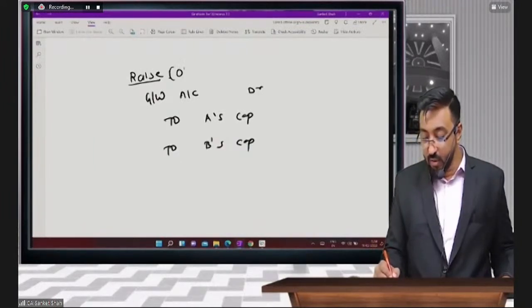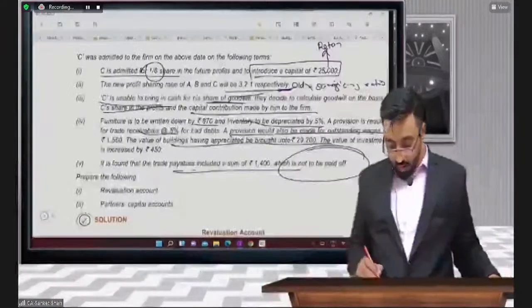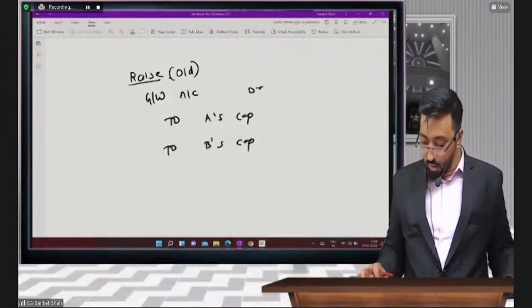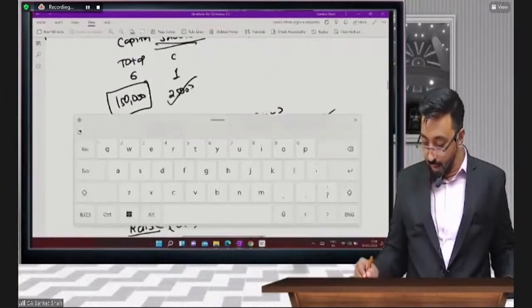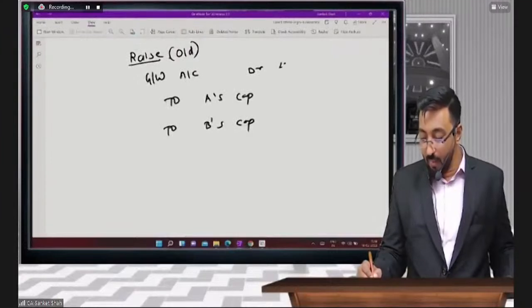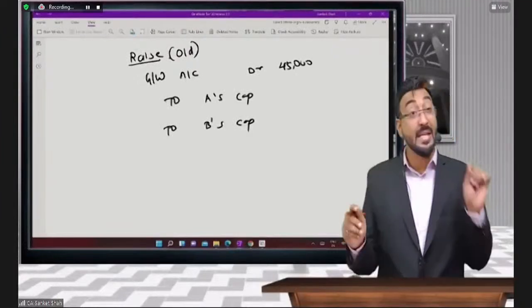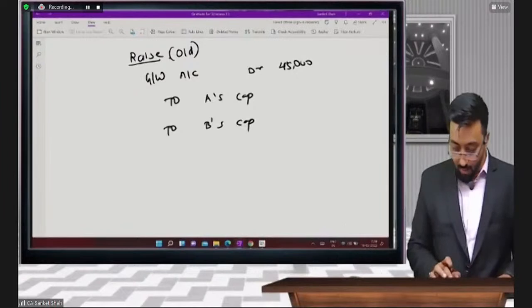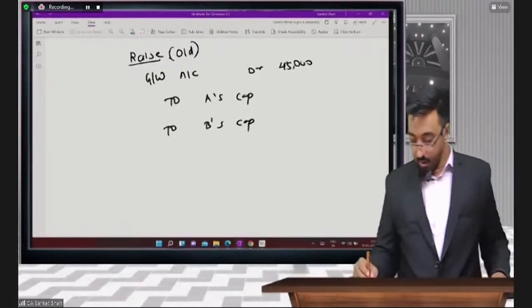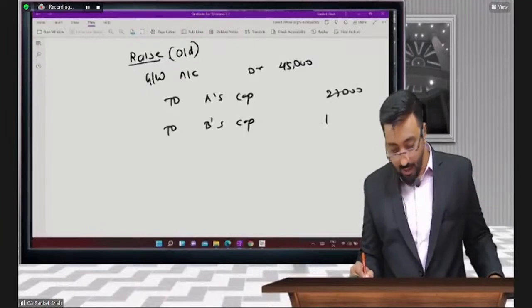Raised in which ratio, beta? Old ratio. What is the old ratio? 3:2. What is the total goodwill you calculated? 45,000. Go by the total approach now, not by each share approach. 45,000 divided by 5 into 3, 27,000 and 18,000.